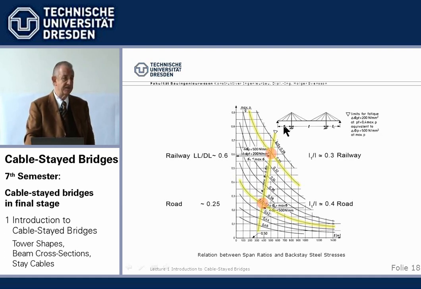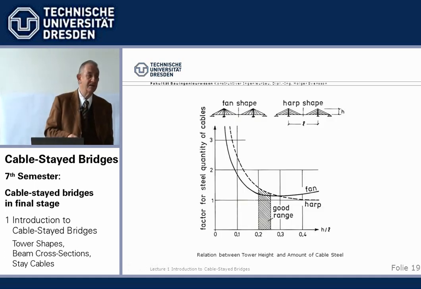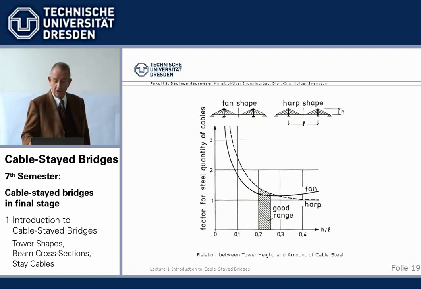There are other factors. If you can't place a pier somewhere, well, you have to do something else and take the consequences by means of more cable steel or things like that. How high shall the tower be? Also, if we make a cost diagram over the cable quantity, and here we have a ratio, then we see the minimum cable steel is required in the range of 0.2 to 0.25.